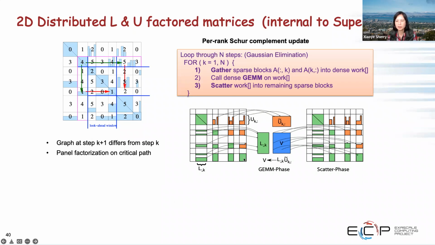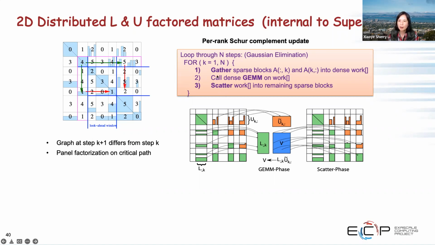It looks like this, sparse. This structure you have to identify at the symbolic stage to set up the data structure, but numerical values are populated step by step.